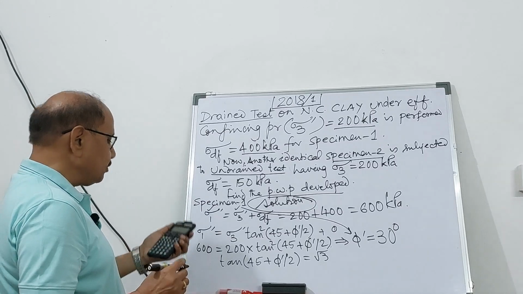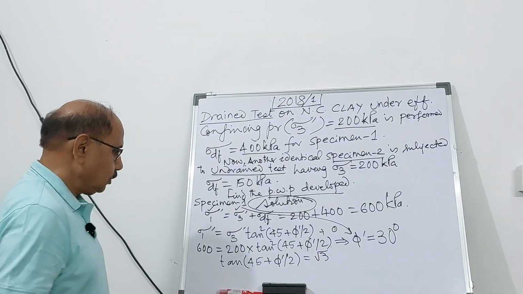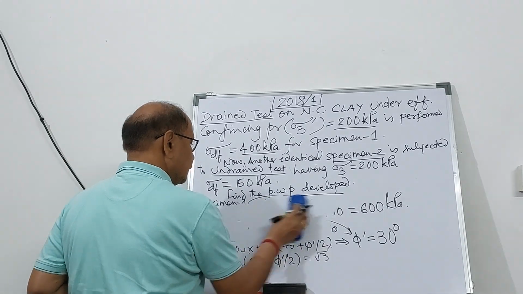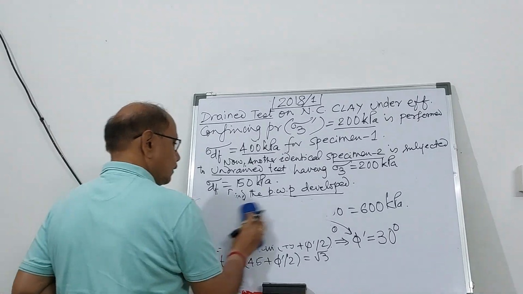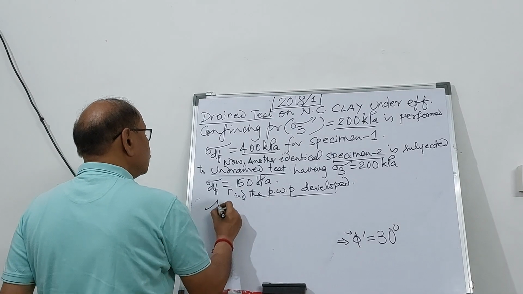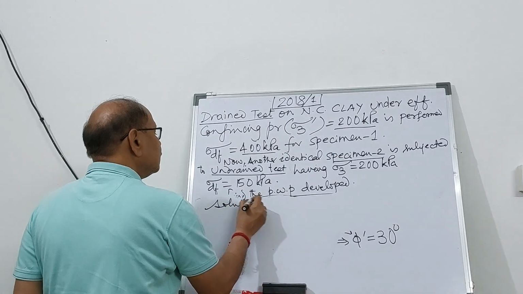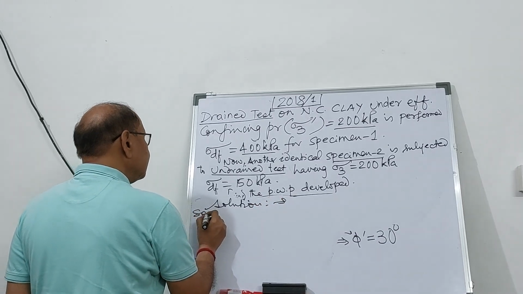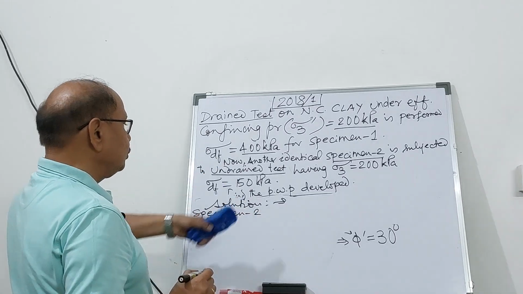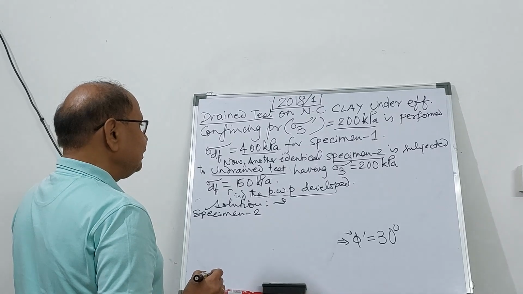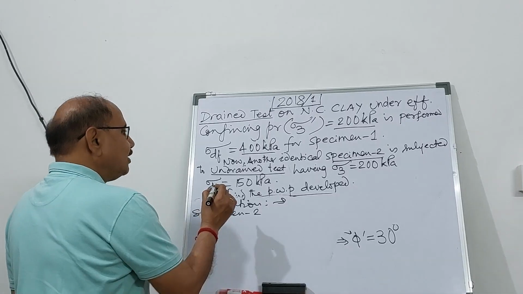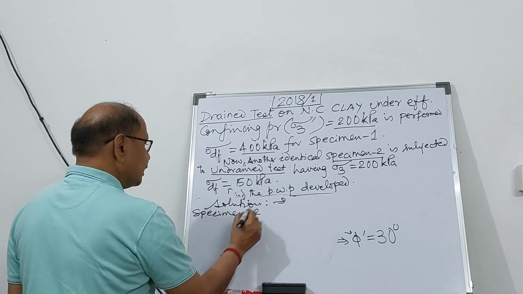Now you have got another specimen. Now in the solution part, we have got specimen number 2. So an identical sample of the same soil is subjected to an undrained test with sigma 3 and sigma d.